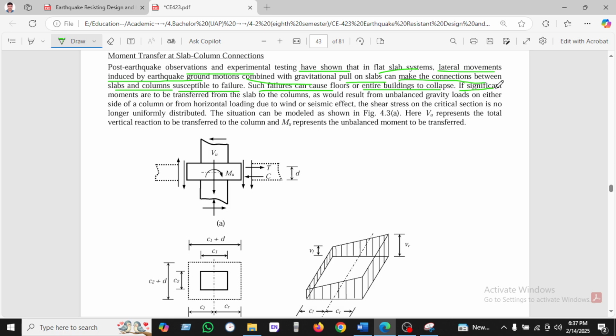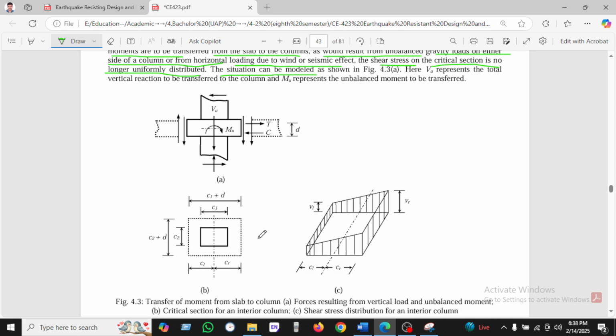If significant moment is to be transferred from slab to the column, as would result from unbalanced gravity load on either side of the column or from horizontal loading due to wind or seismic effect, the shear stress in the critical section is no longer uniformly distributed. The situation can be modeled as shown in this figure 1.